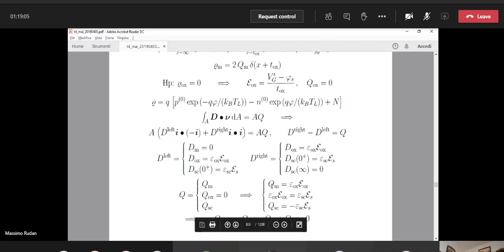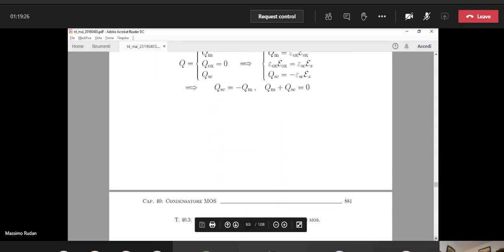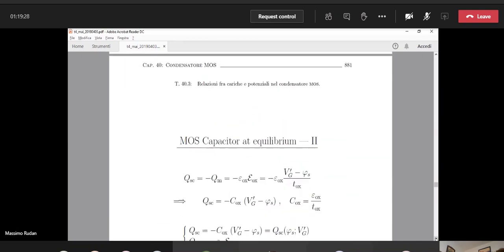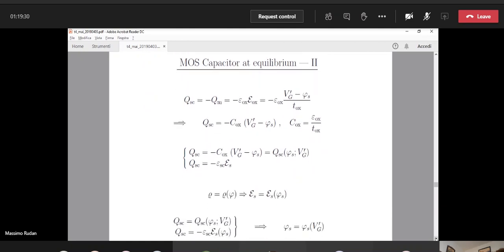So we have an expression of Qm in terms of the applied voltage and of the surface potential. And of course, considering that Qm is opposite to QSC, the semiconductor charge, then we have the expression of the semiconductor charge in terms of other quantities. So we do it.